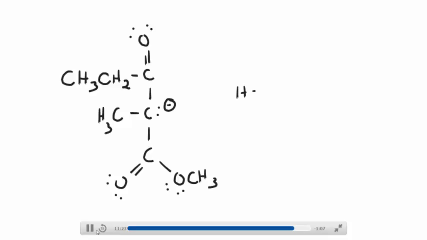Okay, so you add the acid source. Doesn't really matter what your acid source is. And your enolate will pick up the proton and give electrons back to the oxygen, so that at the end of the day, you make the beta keto ester.